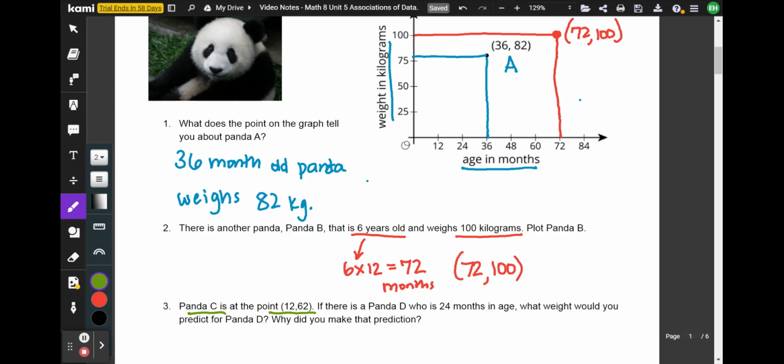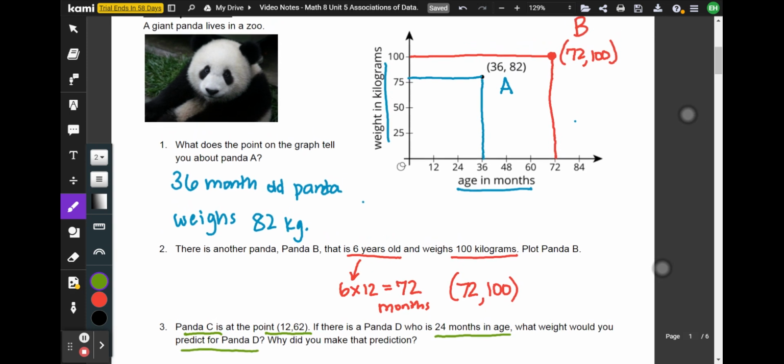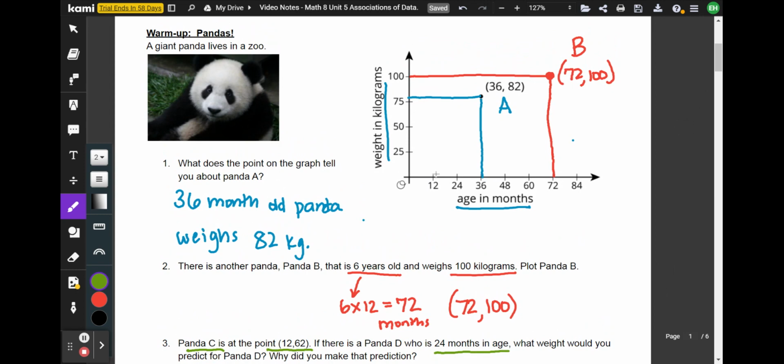Then it says, if there were Panda D, who's 24 months in age, what would we predict? So let's go ahead and put Panda C on the graph. So that's (12, 62). So 12 months and about 62 kilograms will be about right here.